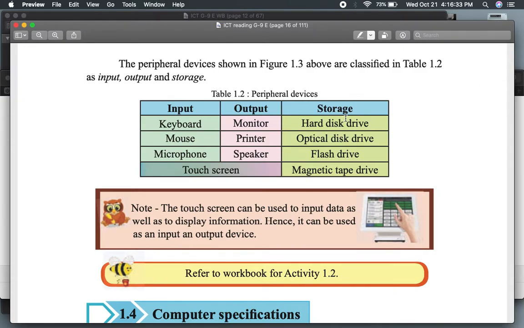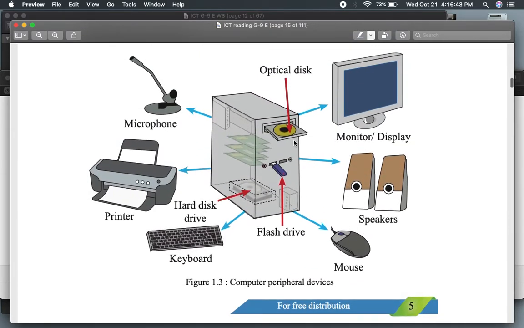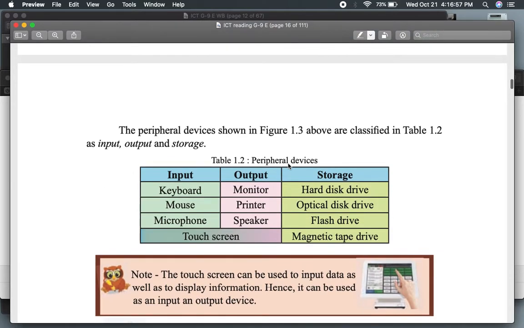Then we have storage. There is the hard disk drive, optical disk drive, flash drive, magnetic tape. Here we have the optical disk, hard disk drive and the flash drive. The magnetic tape drive isn't displayed here, but it's another type of storage device. You could do a Google search and look at the types of magnetic tape drives.